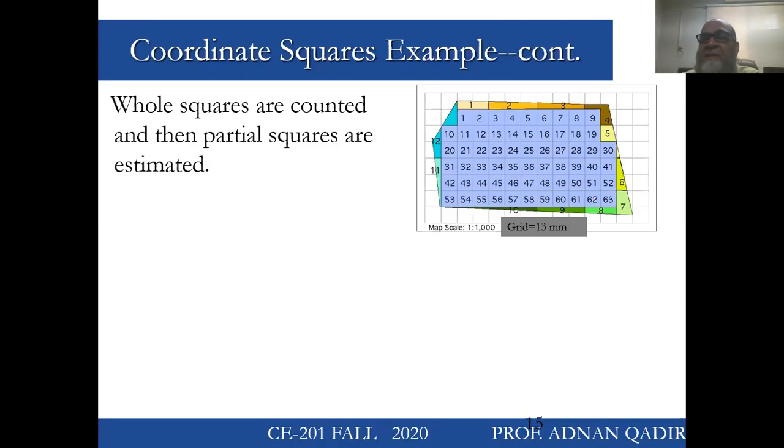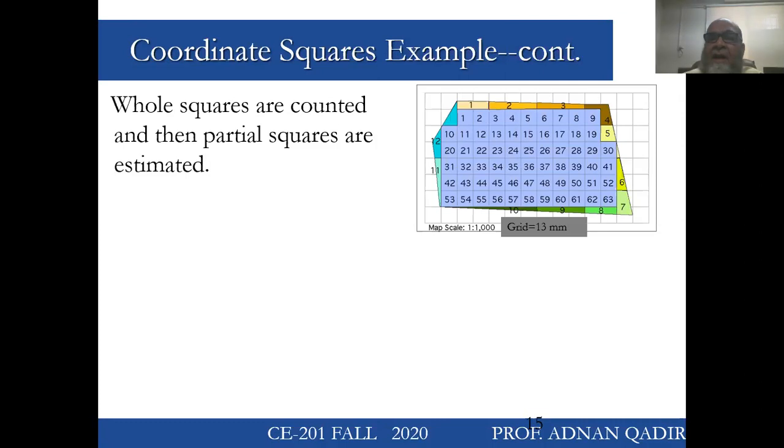So the answer should be at least 63 times 13 multiplied by 13 into say 1000 square at least. And then some can count the rest as 12 squares, some can say no, it's 15 or 20 squares. So the rest is just an approximation.